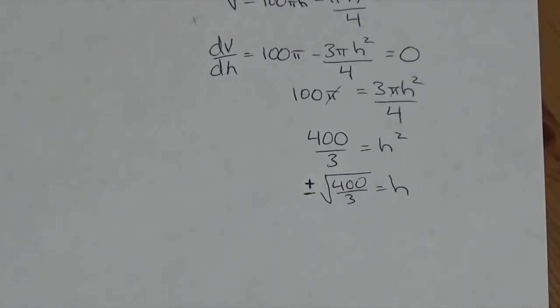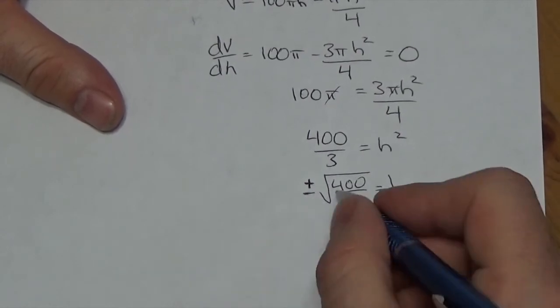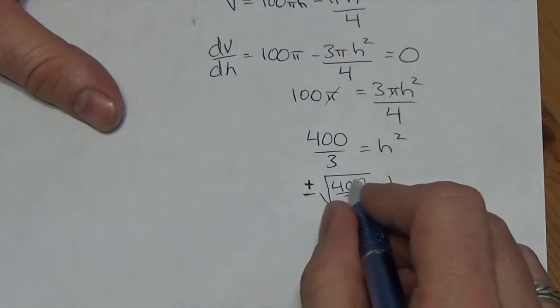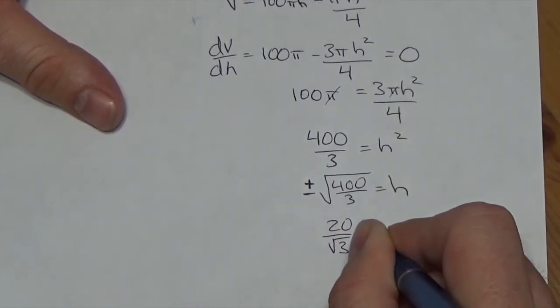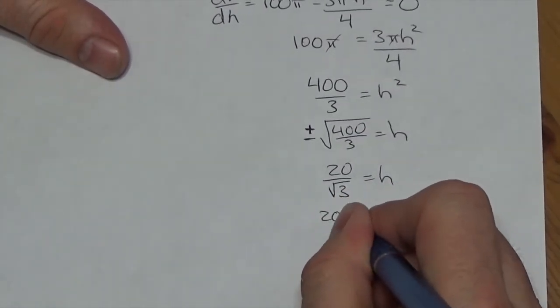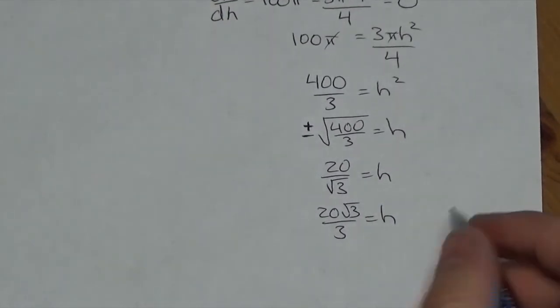Now, I know that the negative here doesn't really make any sense, so we're just going to cancel that out. I'm also going to distribute that root through, so this is going to end up being 20 over the square root of 3 is equal to h, or 20 root 3 over 3, centimeters.